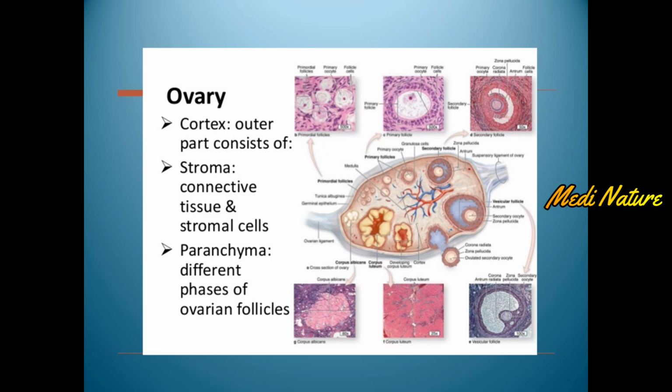The cortex consists of two main types of tissues, stroma and parenchyma. Stroma consists of connective tissues and stromal cells, while the parenchyma consists of a large number of ovarian follicles in different phases. And the medulla of the ovary consists of some stromal cells and some connective tissues such as blood vessels.